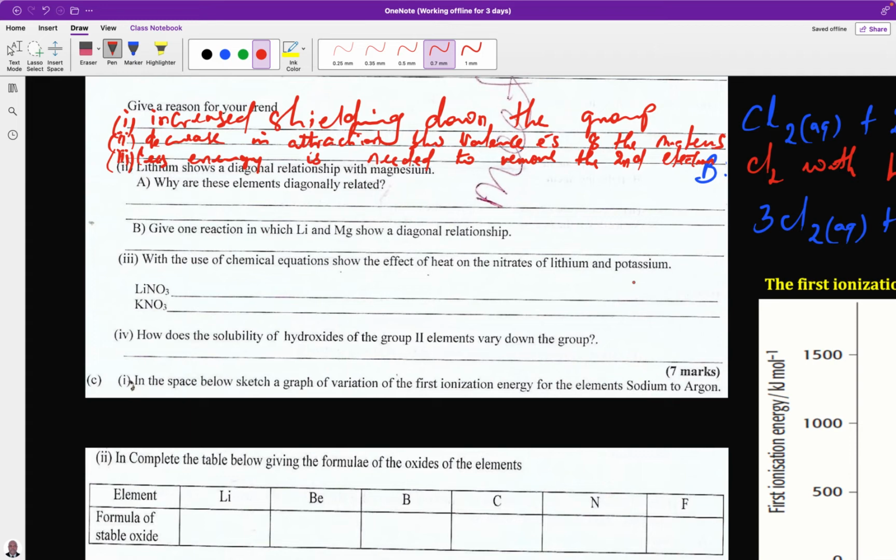The lithium and magnesium diagonal relationship is because both of them have identical ionic sizes. If you look at the ionic size of lithium and the ionic size of magnesium, they are almost the same. So we can say both have identical ionic size.